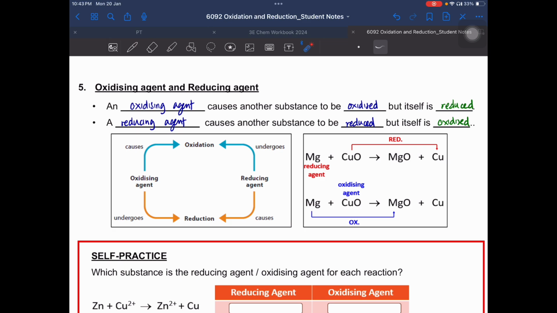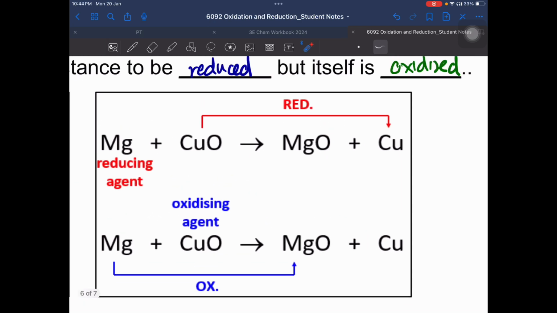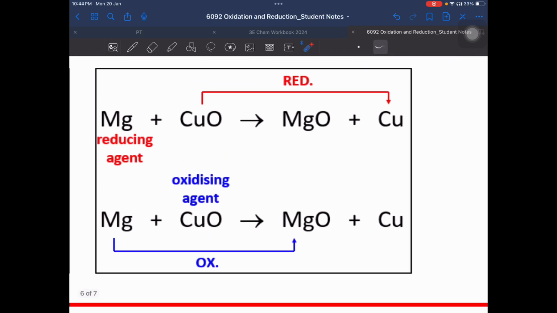Let's look at this tiny box on the right hand side as an example. So based on what we have learned so far, we know that for the copper 2 oxide, CuO, to the copper, this is actually a form of reduction because there's a loss of oxygen. Your oxidation state or OS increase. So this being a reduction would mean that who caused this to be reduced?